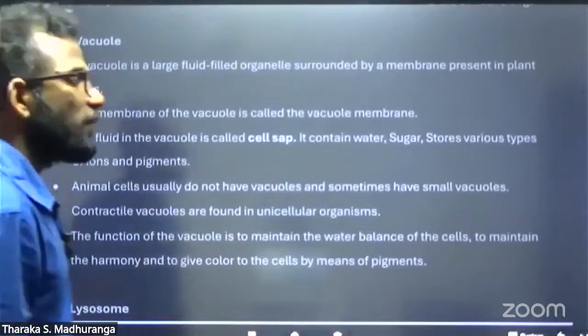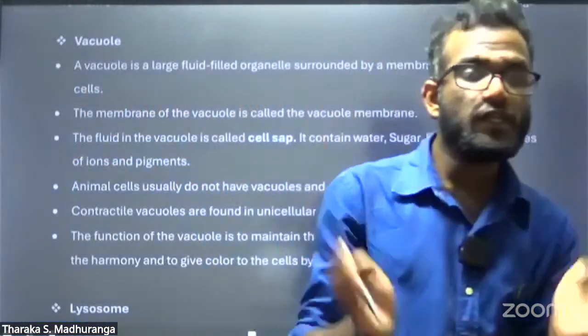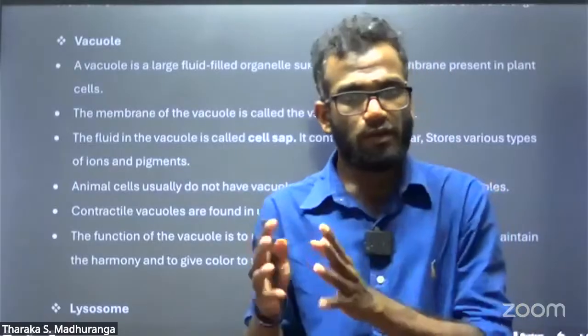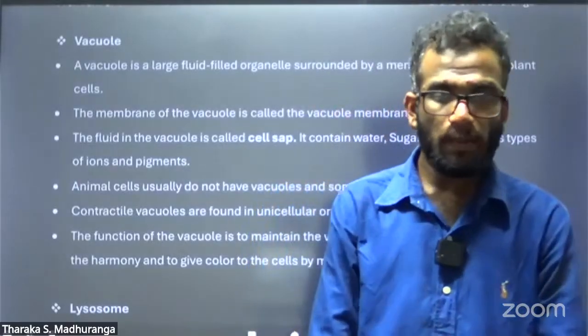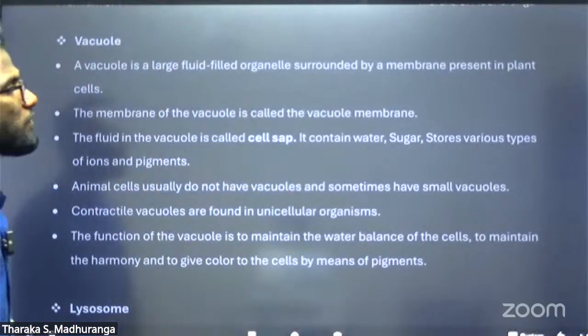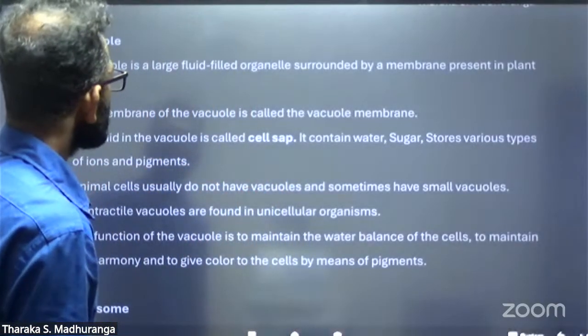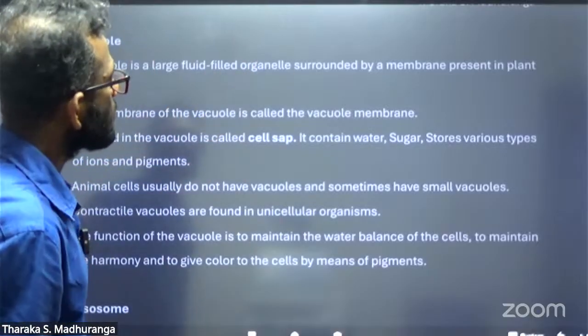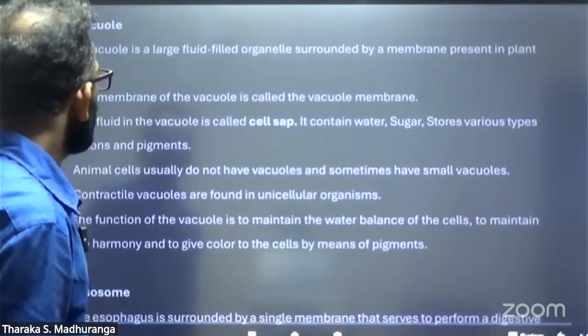Okay, vacuoles. Only large vacuoles are present in plant cells. In animal cells, only small temporary vacuoles are present. What is the function of the vacuoles? They are large fluid-filled organelles surrounded by a membrane, present in plant cells.